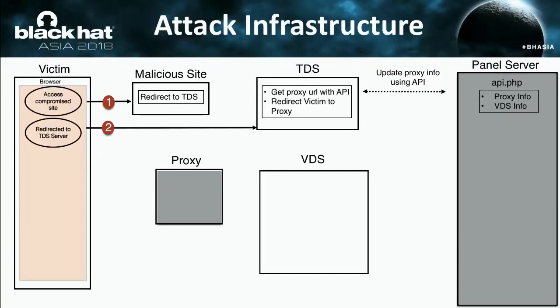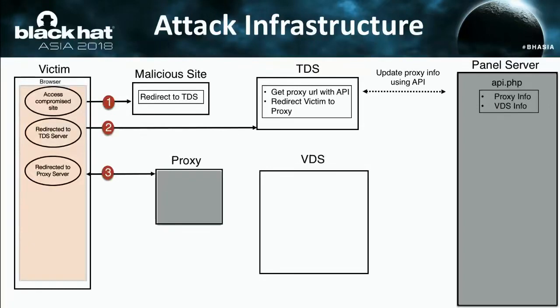So the TDS server connects to the panel server with the API and gets the latest URL of the proxy server domain. Using this information received from the panel server, the victim is redirected to the proxy server here.